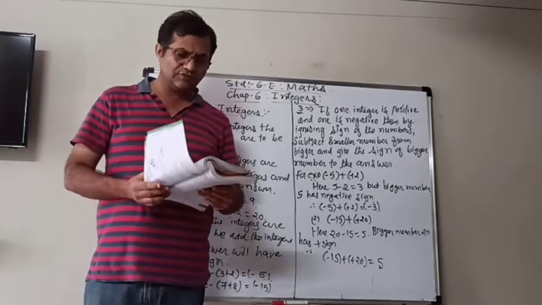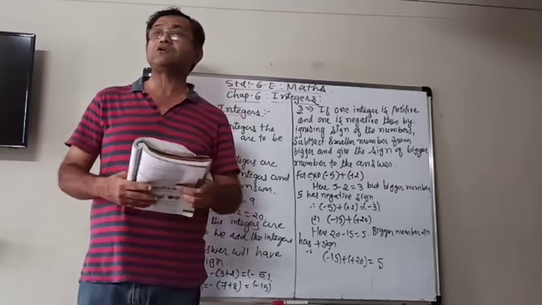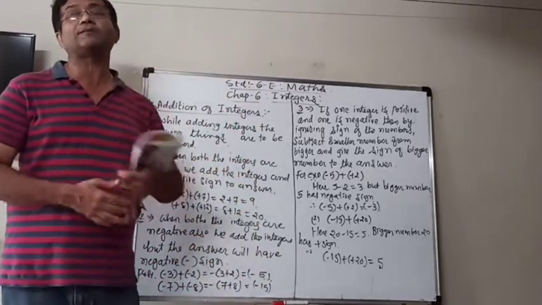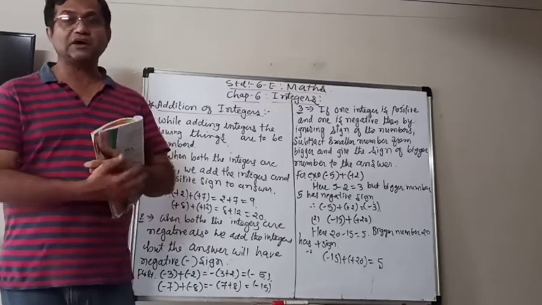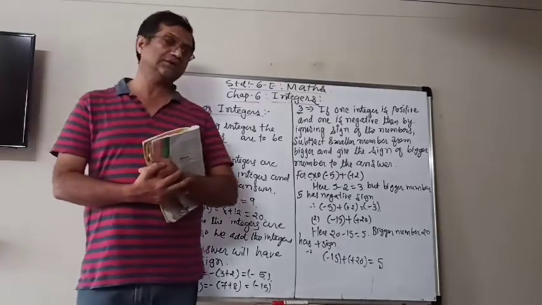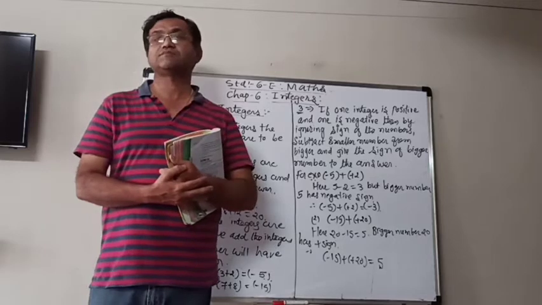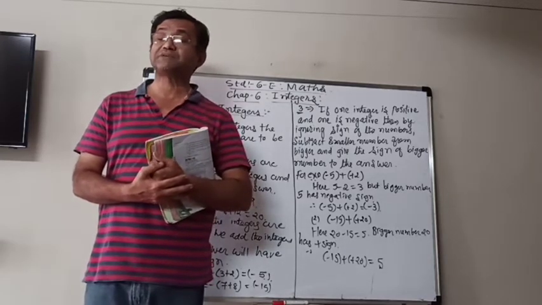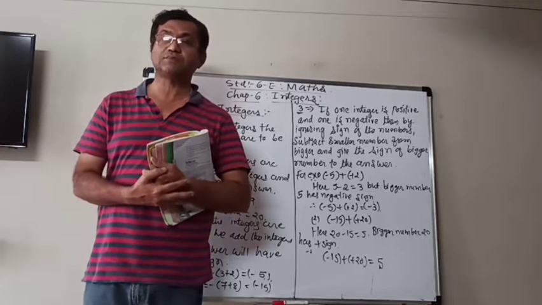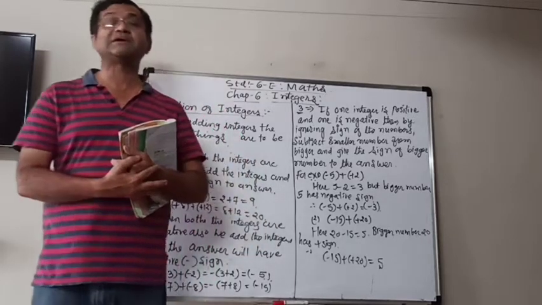Now we have to learn about the addition of the integers, and that is the most important thing in which so many students, sometimes clever students, are also making mistakes.